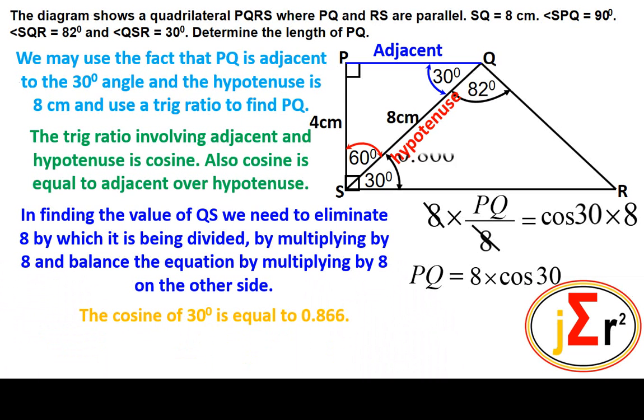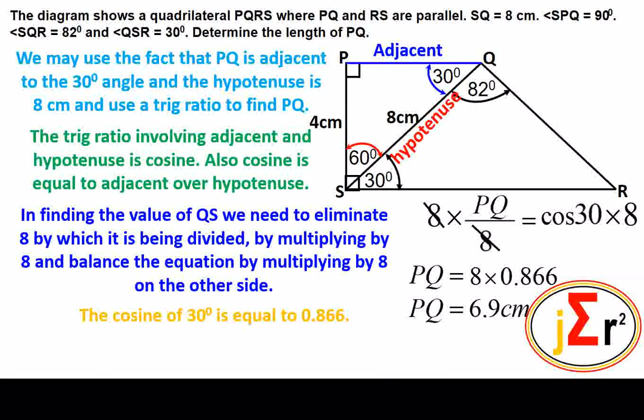We will replace cos 30 by 0.866. PQ is therefore equal to 6.9 centimeters, and that's a close approximation. If we do the multiplication, then we will get a figure that if we round off to one decimal place, will be 6.9 centimeters.